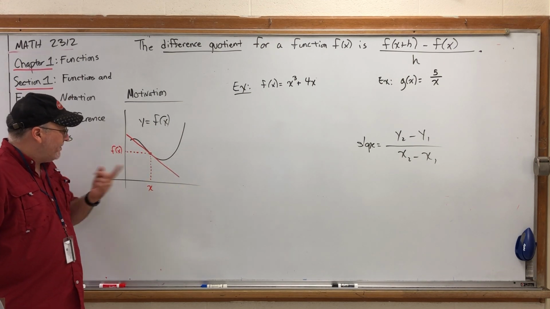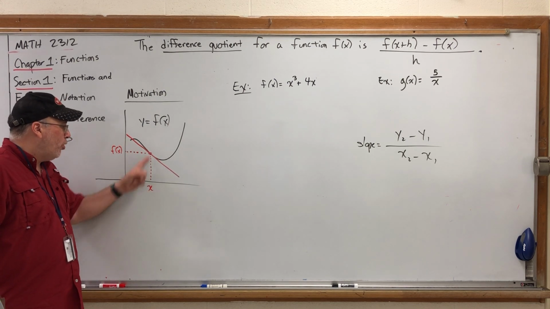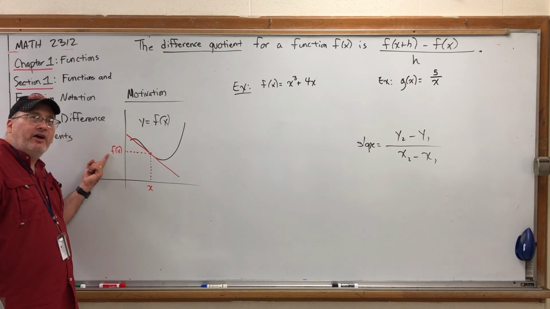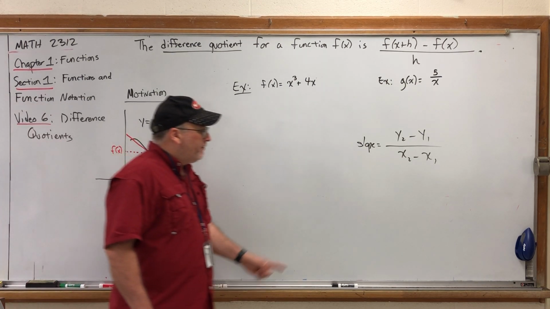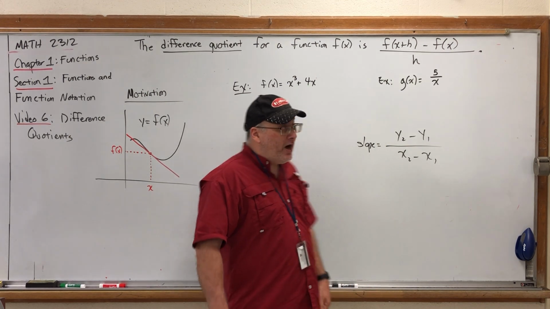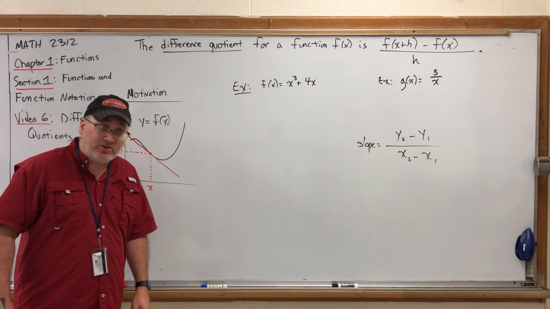The problem with trying to find the slope of this red line is that if we're looking at only one point on the graph, we have its x value and we can use the function to calculate its y value. But the formula for slope requires 2 points and therefore 2 x's and 2 y's. One x and one y value is not enough information to calculate the slope.